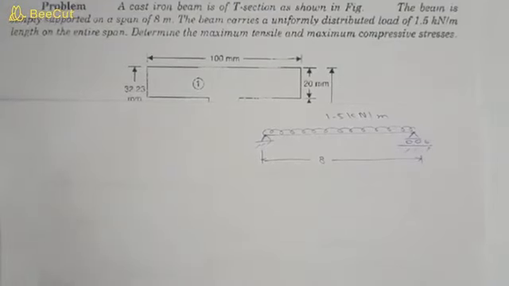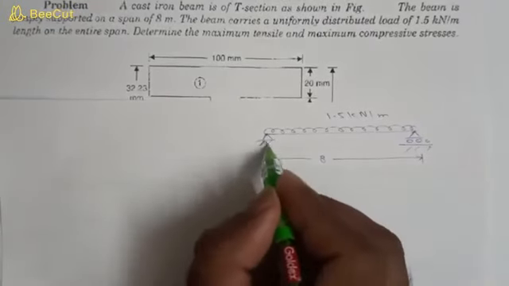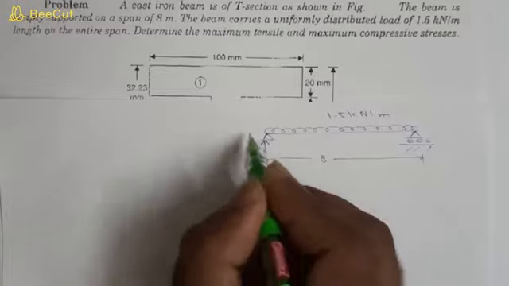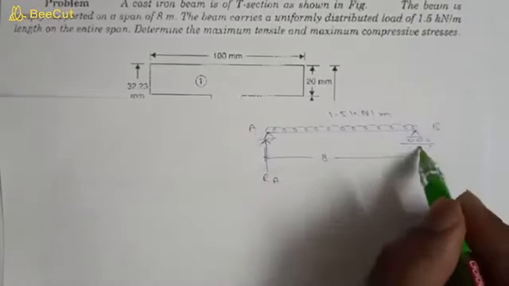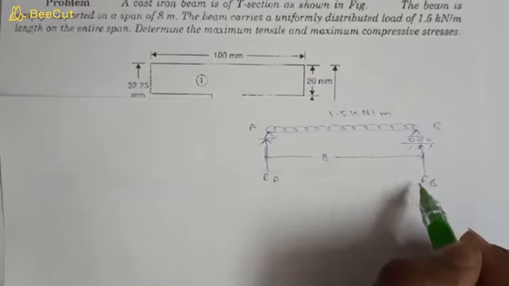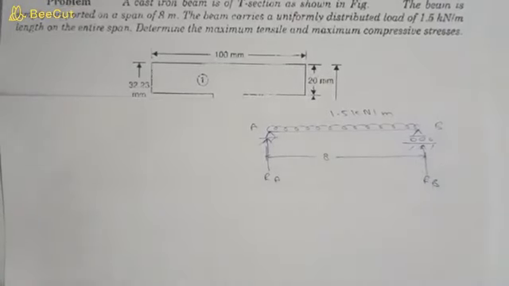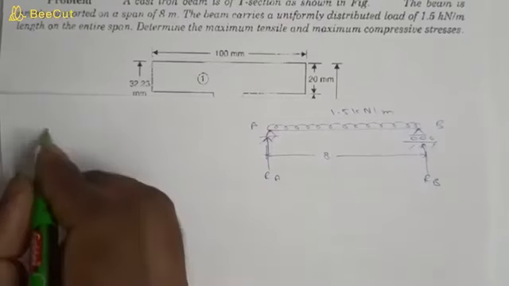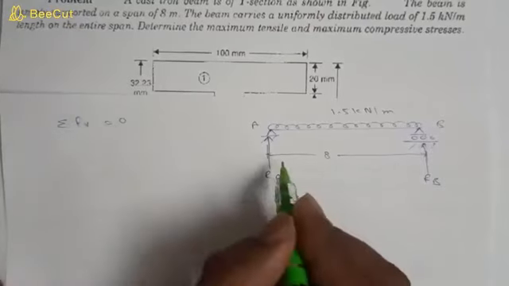First of all, let's calculate the reactions for this beam. Suppose this is RA, this is point A, this is B. So this is RA and this is RB. From symmetry you can see that RA is equal to RB, or we can calculate also: sum of all the vertical forces is equal to 0 in this beam.